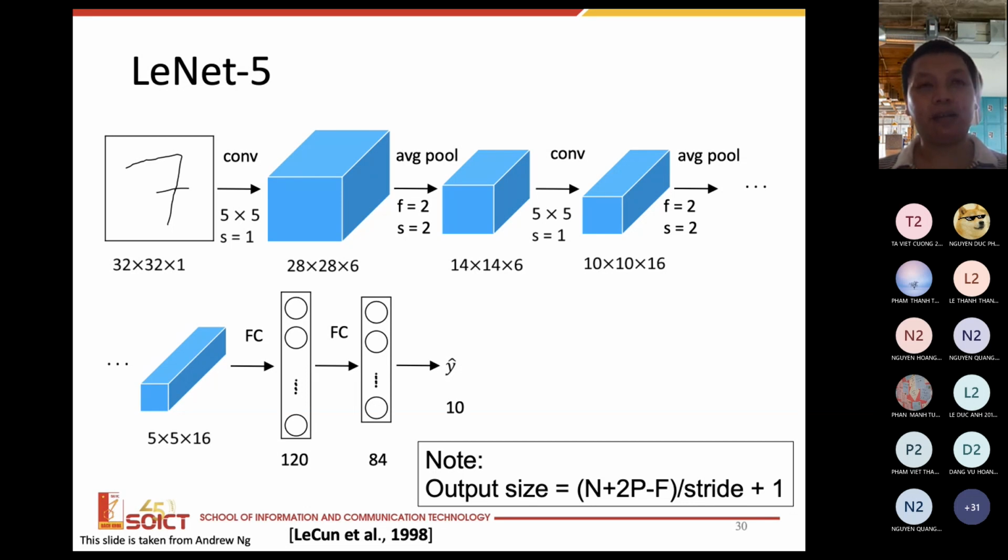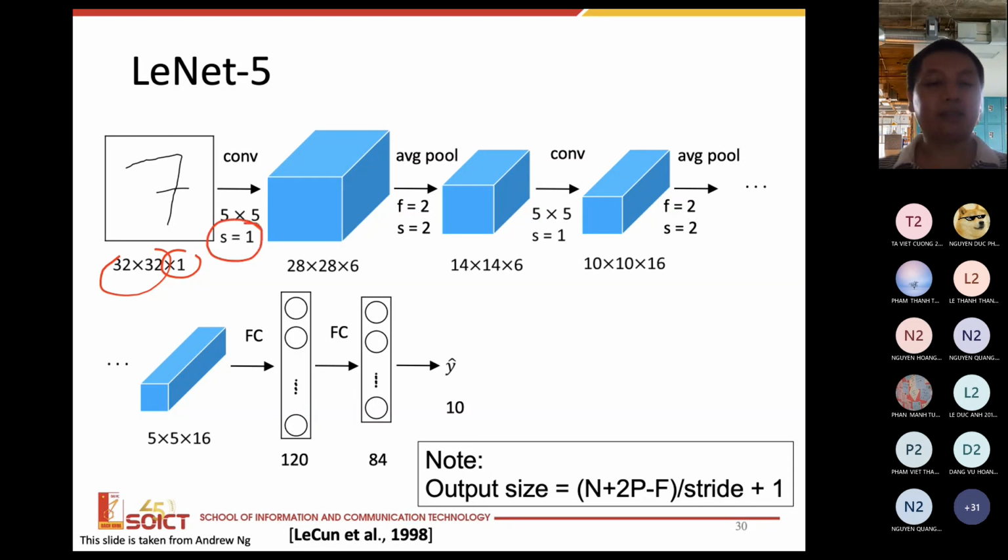handwritten numbers, right? The input is an image of size 32 by 32 and one channel because it's a gray image. The network is designed to have the first convolution layer with filter size 5 by 5 and stride equal to 1.